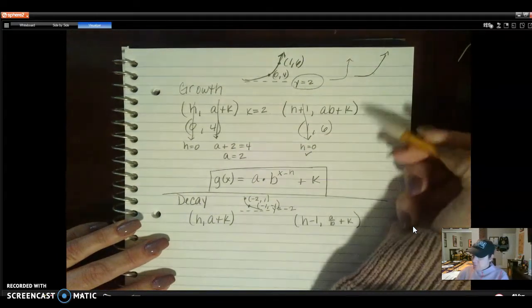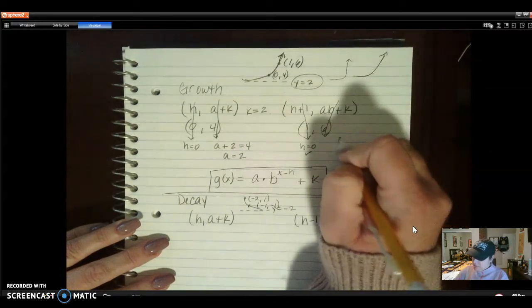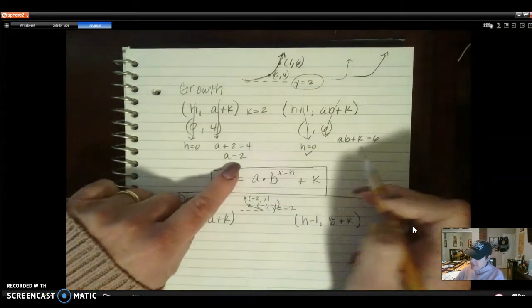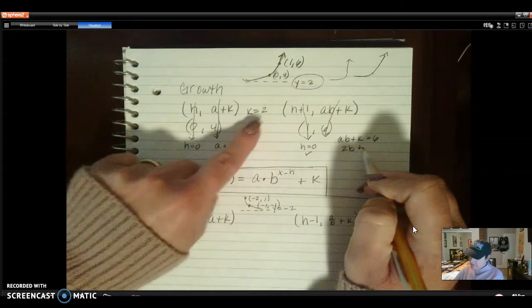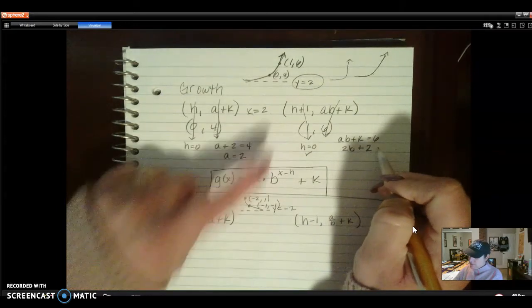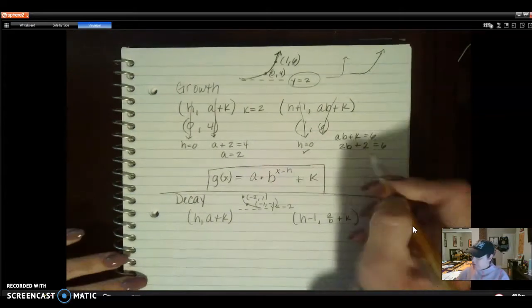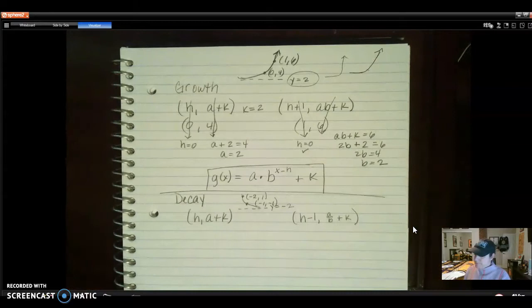And then we're going to plug and chug into this. AB plus k equals 6. Remember, we found a to be 2, so 2b, k is 2, and 6. We do a little bit of algebra. 2b equals 4, b equals 2.